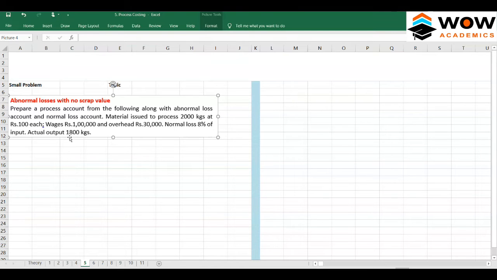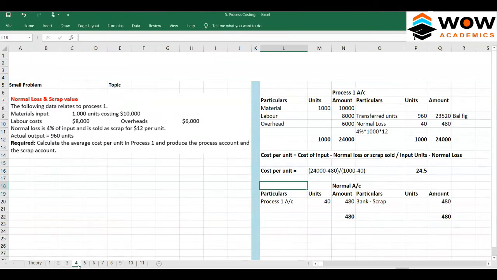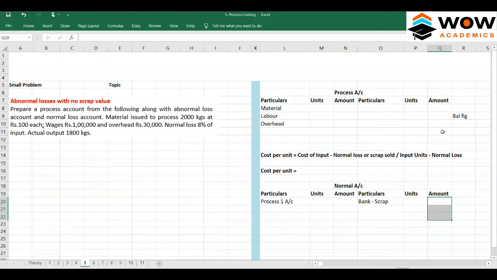Okay, so what we'll do, we'll copy this entire stuff. So we'll start. So there are 2000 kgs which have been input, and it is 100 rupees per unit. So we have to multiply this with 100. So that comes to 2 lakhs. Wages is 1 lakh, and overhead is 30,000, and that seems to be a normal loss of 8%.